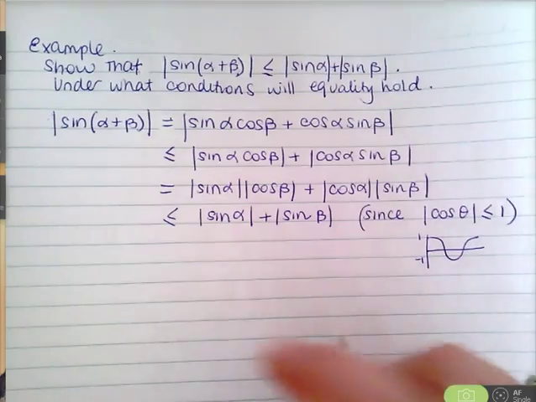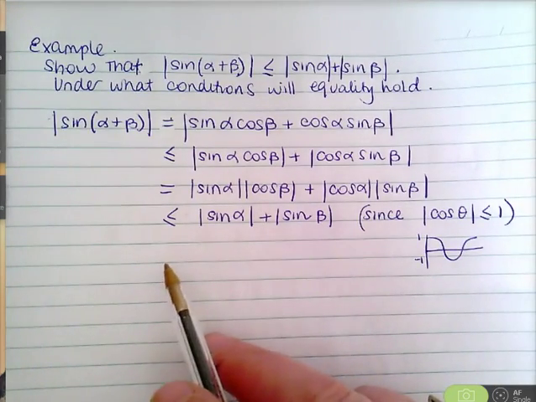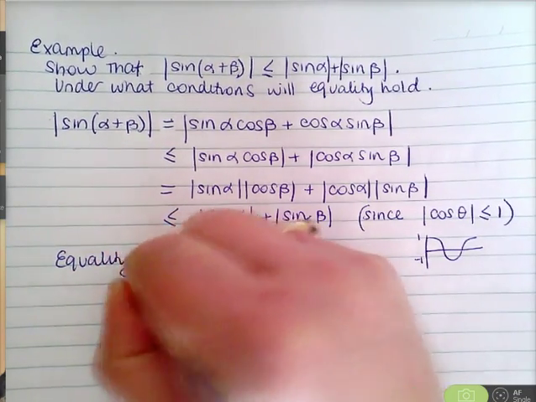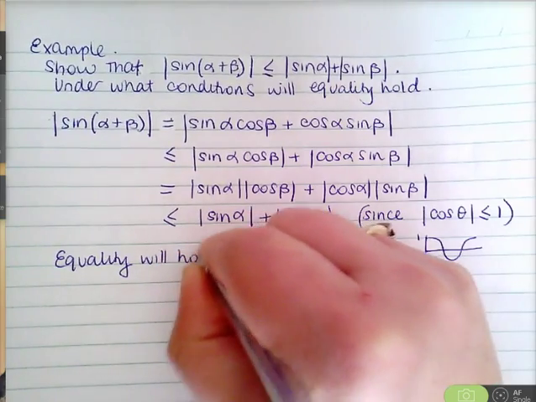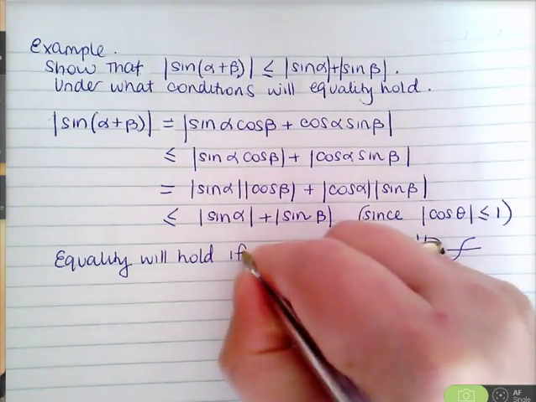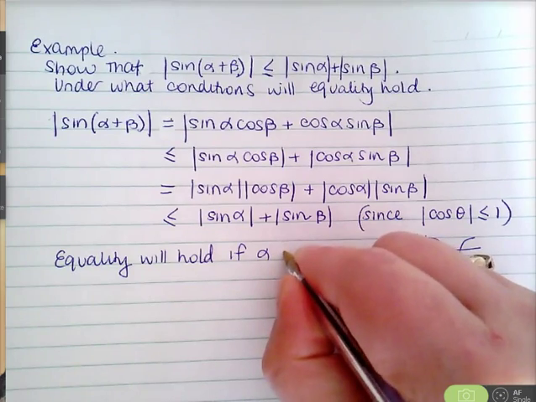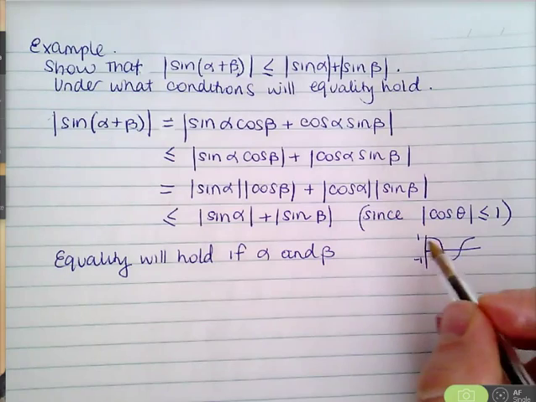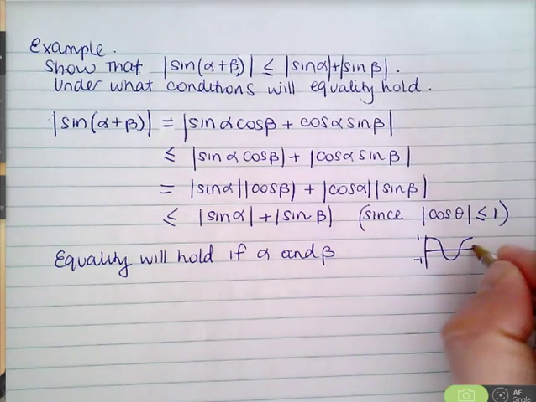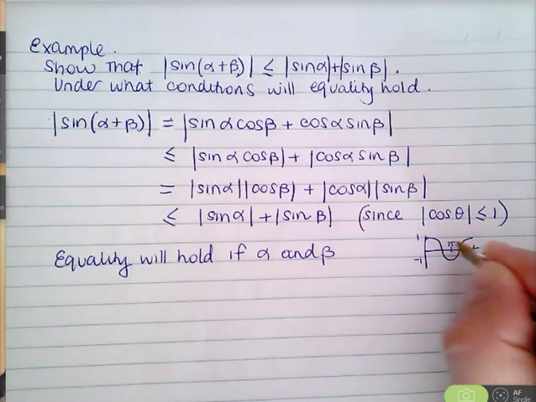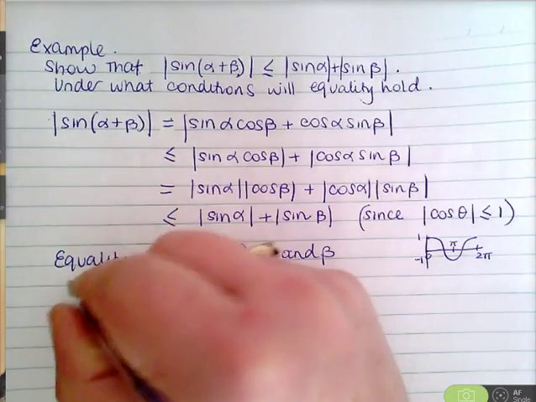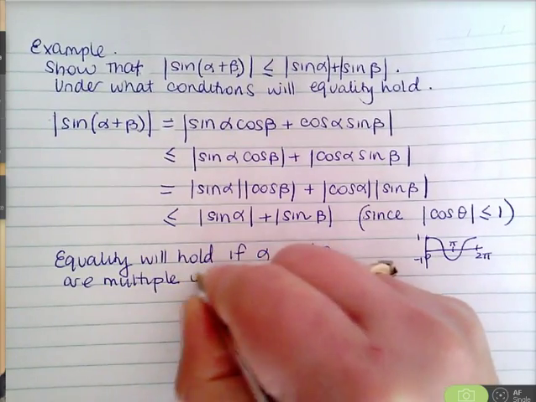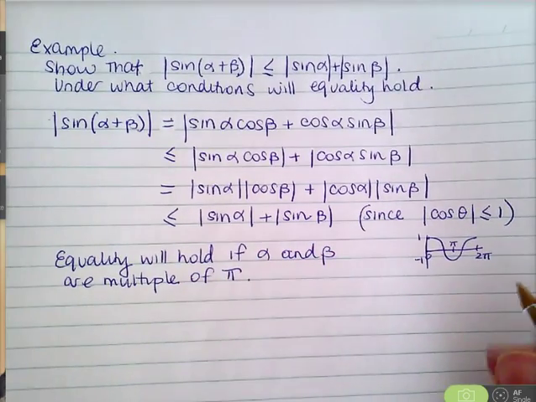Now, the conditions where equality holds: equality will hold if alpha and beta are, for example, we've got here 2 pi and 0. So if alpha and beta are multiples of pi, then equality will hold.